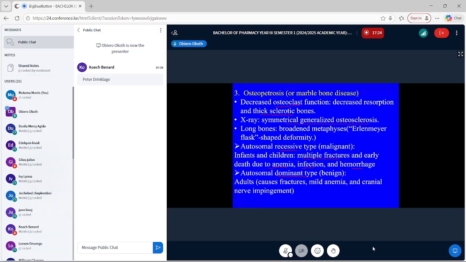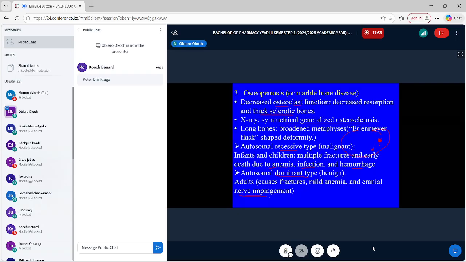Patients present with fractures, and they can have mild anemia. The cranial nerves normally pass through holes in the cranium, what we call the foramina. If these foramina are not formed or are completely blocked, it means the nerve that passes through is also tightly held, and that's where there's nerve impingement.